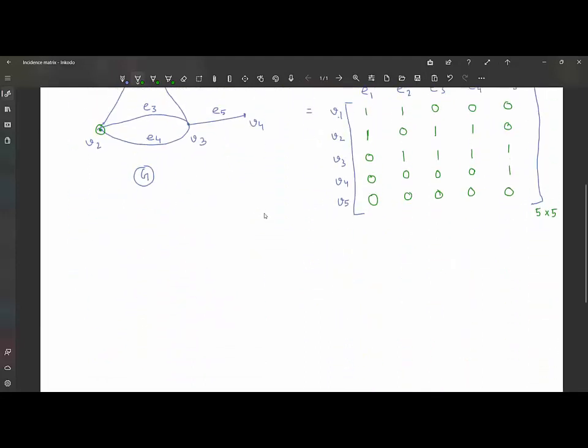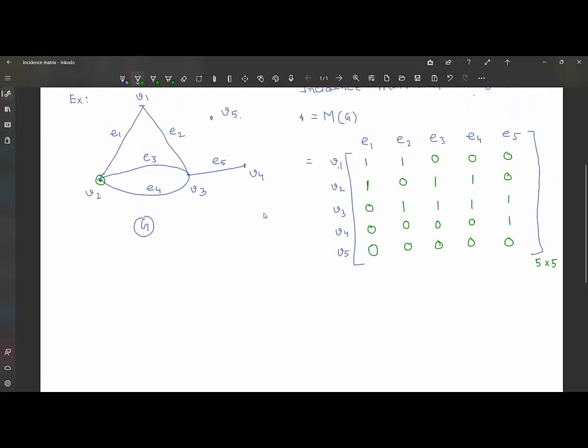Now we have some observations directly from this matrix. If you closely observe this matrix, you can see that since every edge is incident to two vertices, in every column you will get exactly two ones.